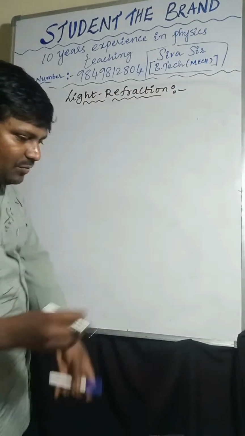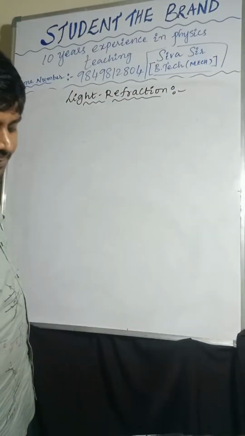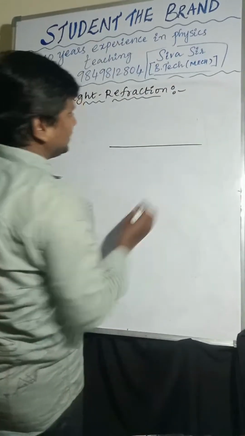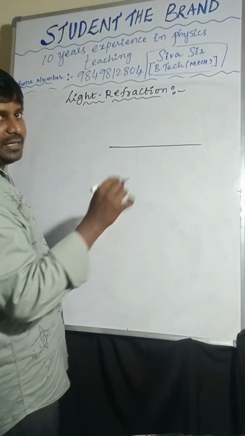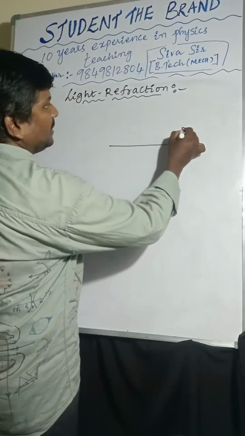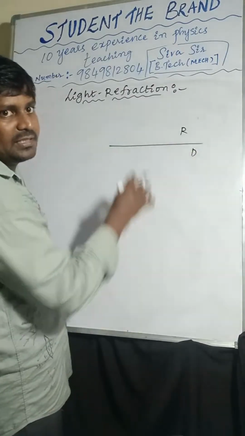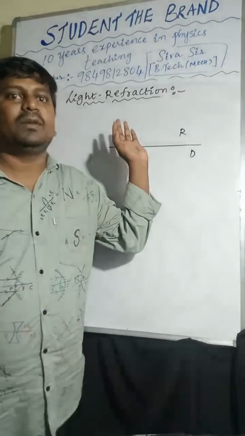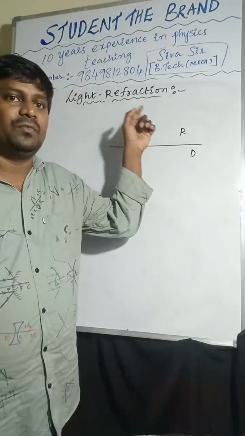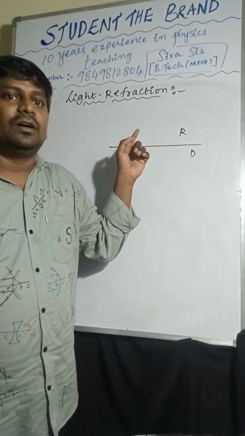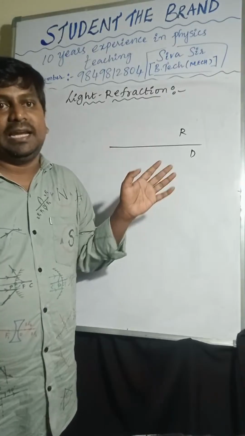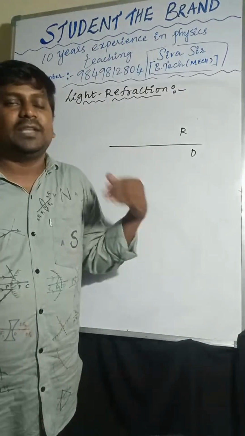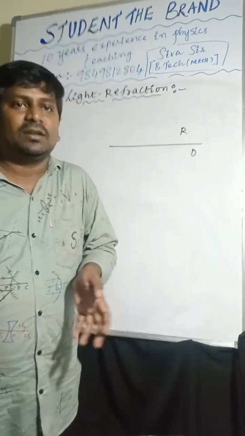I'm considering here the surface of the interface. This is the rarer medium, and this one is the denser medium. If the light ray is passing from one medium to another medium, the bending of the light at the interface of the two media is called refraction.